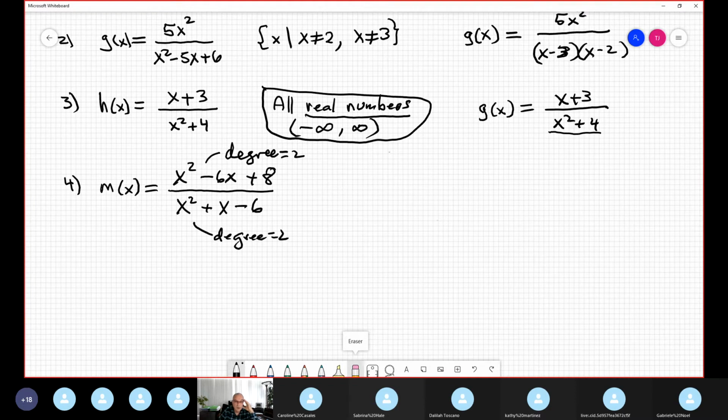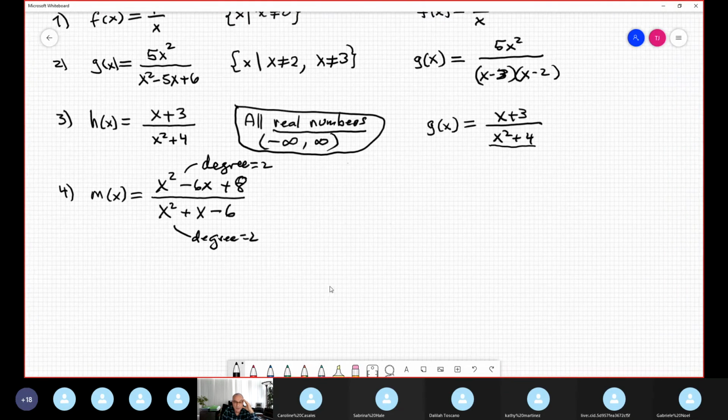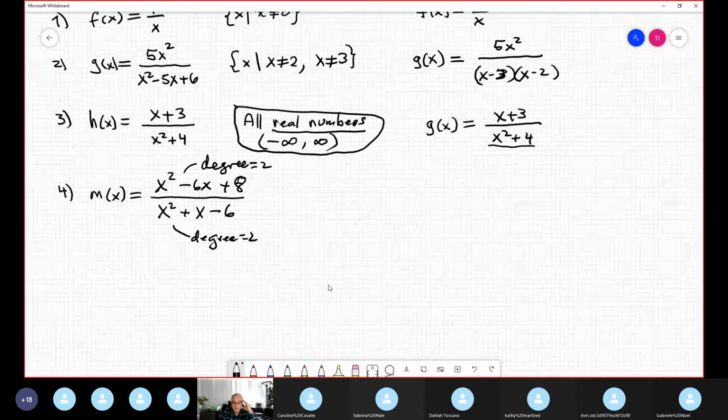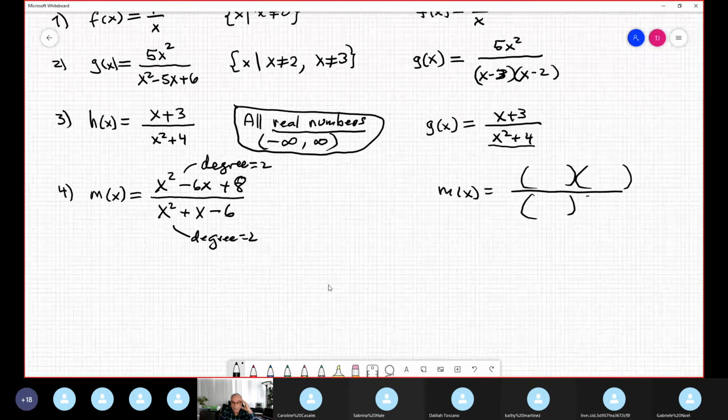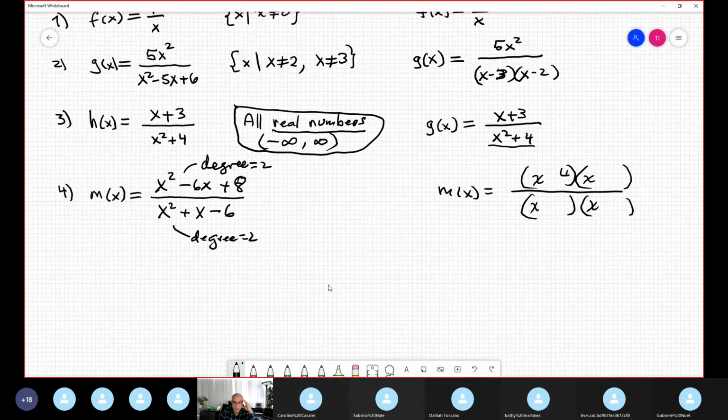Now, before finding the domain, I try to manipulate it in order to express it in factored form, so our M(x). I try factorization of the trinomial in the top. The combination, I suppose, is 4 and 2, because 4 times 2 is 8, and 4 plus 2 is 6, both negative.